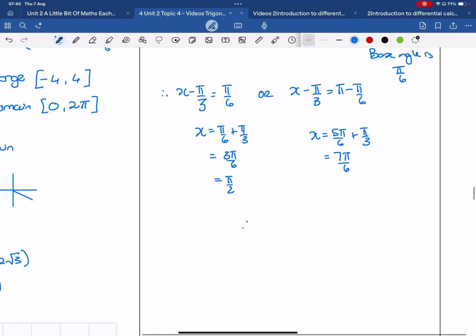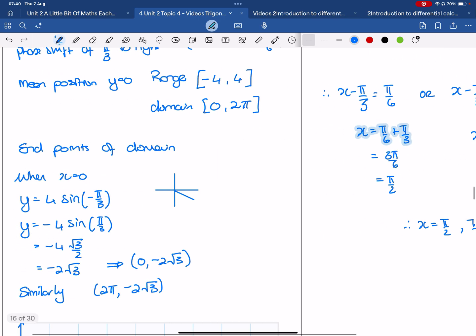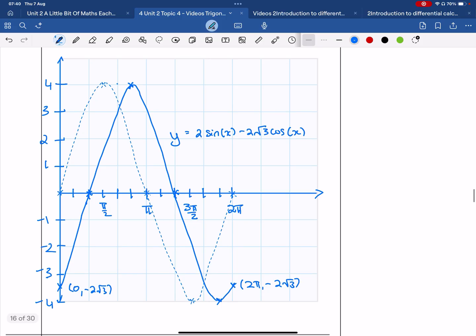So my solution, where my function is equal to 2, will be at pi on 2 and 7 pi on 6. And if I have a look at my graph, that works pretty nicely, because over there, pi on 2 and 2, and 7 pi on 6 and 2.